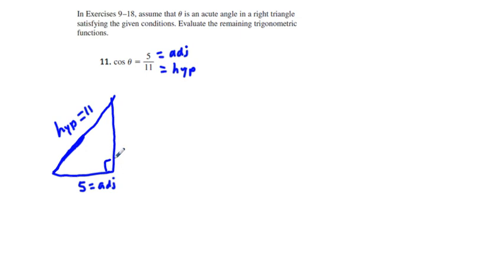And then we're going to finish out this triangle, leave a squared symbol at the bottom. So our opposite side is going to be equal to, well, again, same thing we did in the past. We have a squared plus b squared equals c squared. So we have a squared, which we do not know what a is, plus we say b is going to be our adjacent side, so 5 squared equals 11 squared.